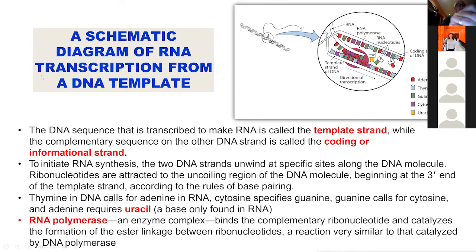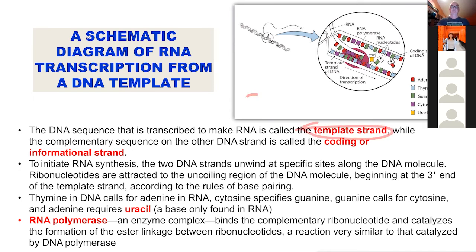So this basically gives you a little idea of how transcription works. Unlike replication, you've only got one polymerase this time, and it's only making a copy of one strand. The DNA sequence that the RNA polymerase recognizes and makes a copy of, we call that the template strand.